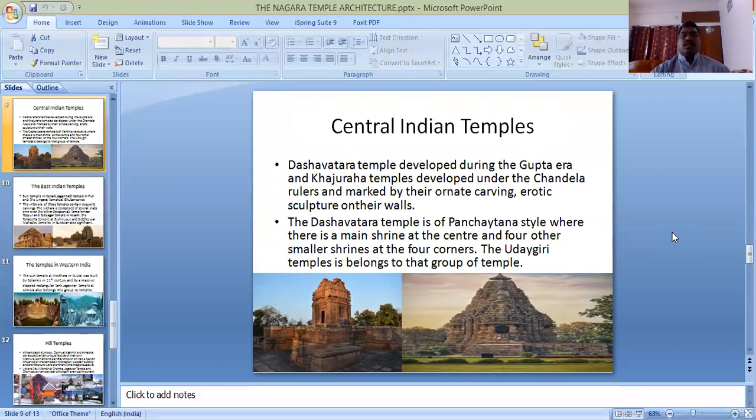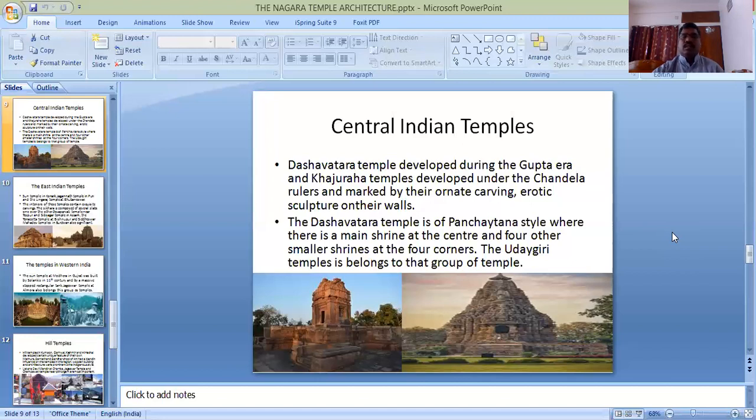That means these are specified as Central Indian temples by their regional position and features.